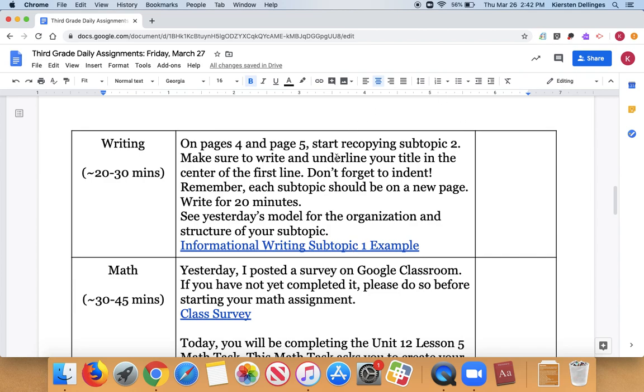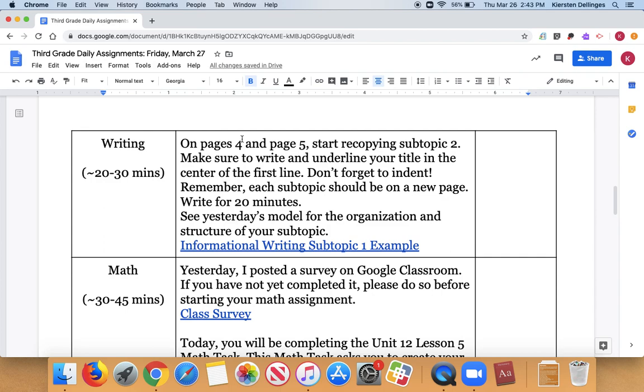Again, the title should be centered and underlined in the middle of your paper, and don't forget to indent on your first line.